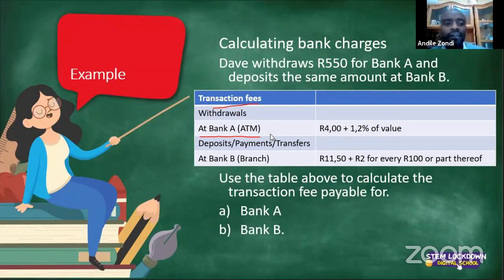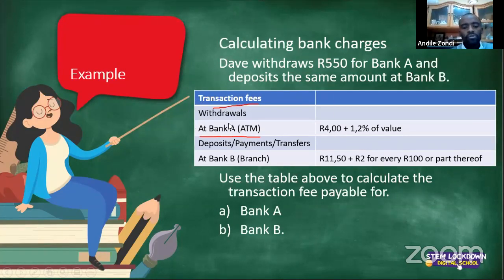Okay, here's an example. Remember, we are looking at bank charges for this lesson. We'll be looking at 3 ways of calculating bank charges. The first one is using a formula. Here's an example. Dave withdraws 550 rand from bank A and deposits the same amount at bank B. I'm given a table.